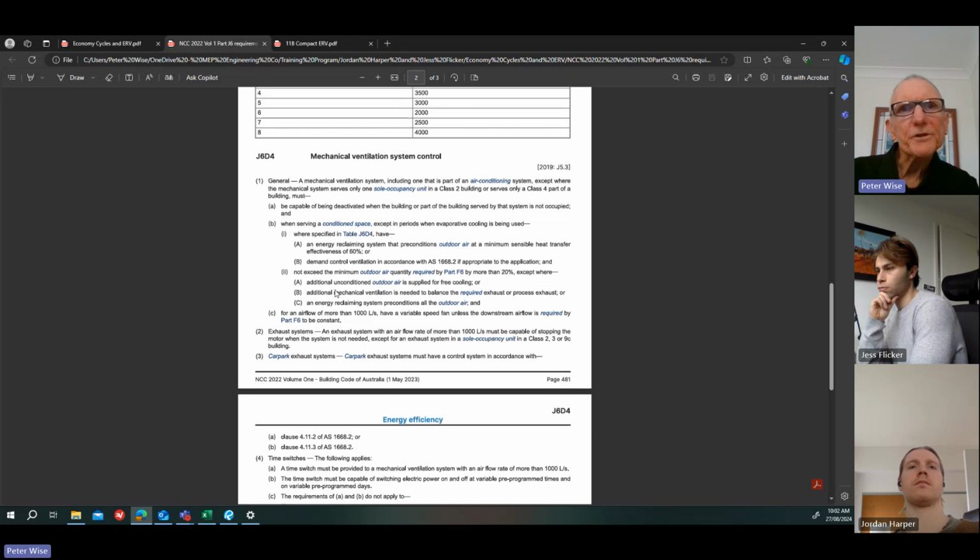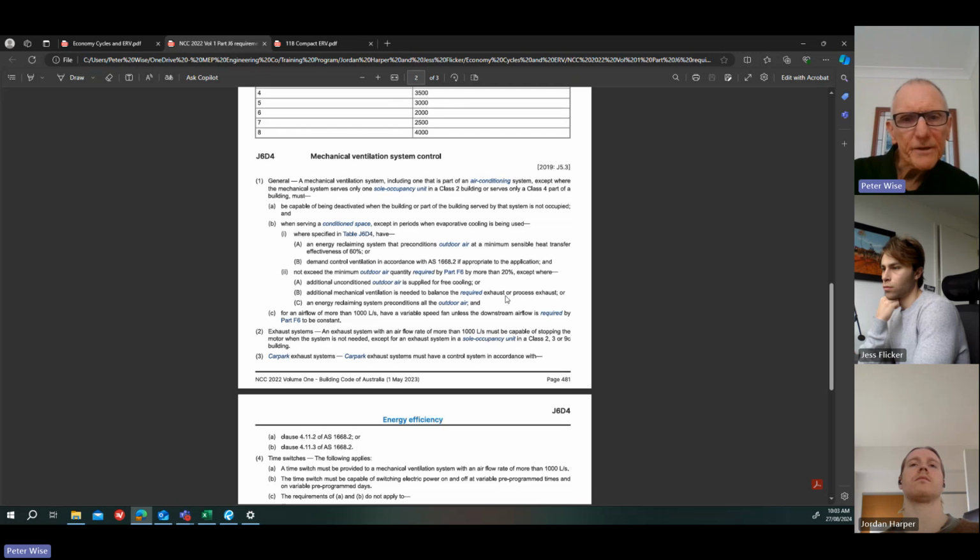So except where additional unconditioned outside air is supplied for free cooling, so that's the economy cycle. That's obviously got to be an exception, because if you choose to use an economy cycle, you're getting energy efficiency by doing that. Or additional mechanical ventilation is needed to balance the required exhaust or process exhaust.